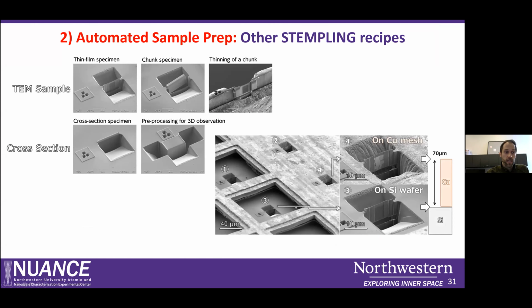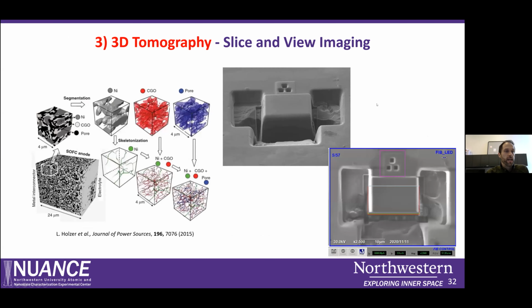You can also create, in one automated process, several of these lamella preps on different materials. For example, this is silicon, but this is on copper, and you can see that there are also different heights. You can pre-program all this and let it run through several of these processes. And with that, I'll turn it over to Terza.